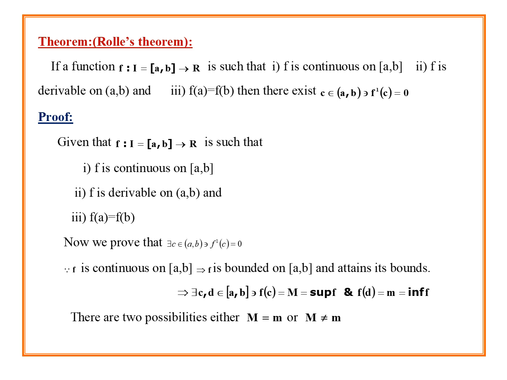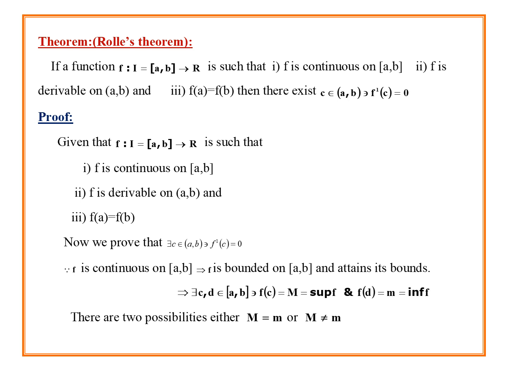For that, f is continuous on closed interval [a,b], which implies f is bounded on [a,b] and attains its bounds also. What is the definition? There exist two elements c, d belonging to closed interval [a,b] such that f(c) is equal to capital M, capital M meaning supremum of f, and also f(d) is equal to small m, small m in the sense infimum of f.